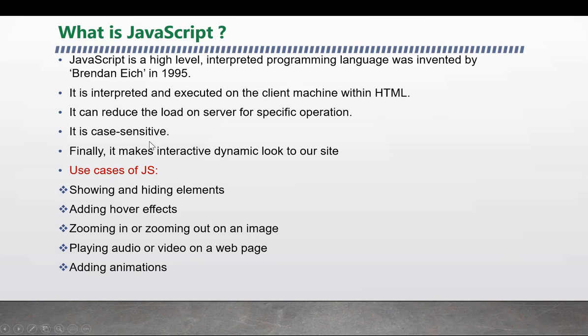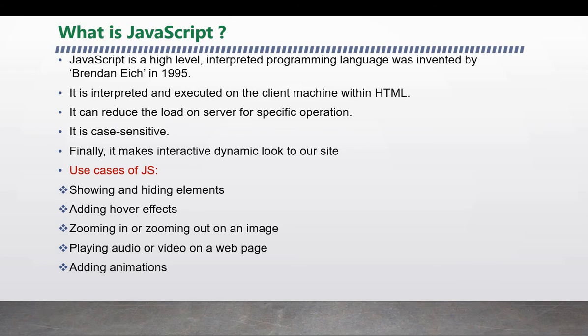It can also reduce the load on the server for specific operations. Since JavaScript is itself a language, it can build a lot of its own logic. You can apply conditional logic, loops, all those things, and those do specific jobs. In JavaScript you can create your own functions and do logical work, and those can be applied on your web application.